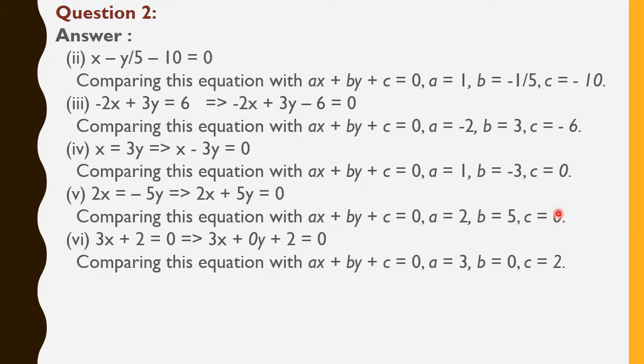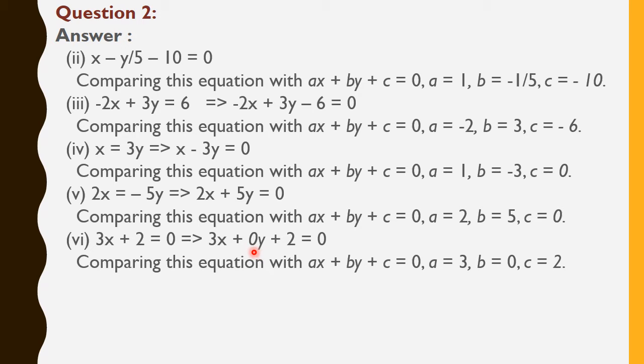The sixth equation is 3x plus 2 is equal to 0. We can clearly see that we do not have the y variable here. Since we do not have a y variable and we have to arrange it in the form of a linear equation in two variables, we will consider the value of the coefficient of y as 0.